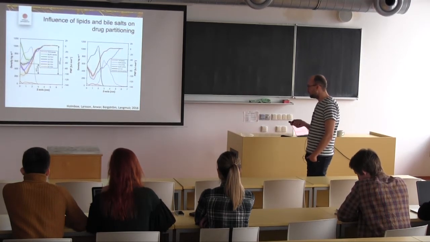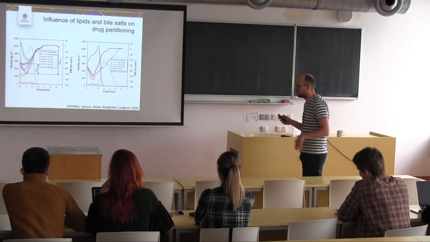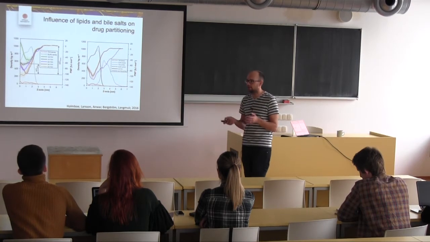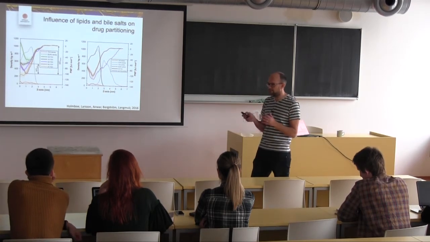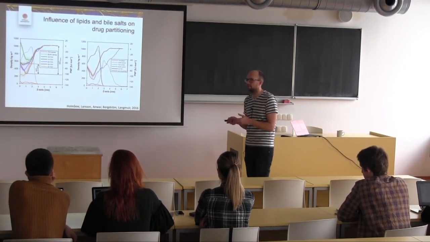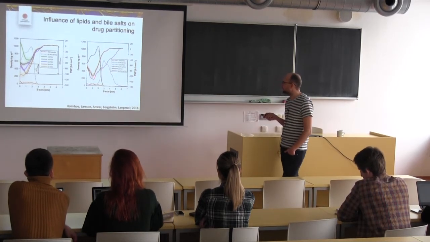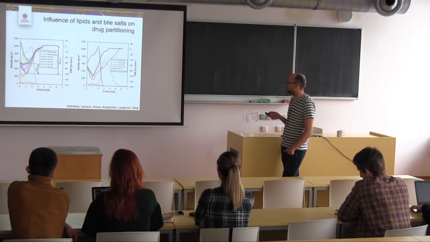Then we also tried to vary the amount of taurocholate outside of the lipid bilayer to see if that has any effect. This was an attempt to model, using in silico tools, the inter-individual variability in bile salts. Here you want to compare the red line and the purple line.